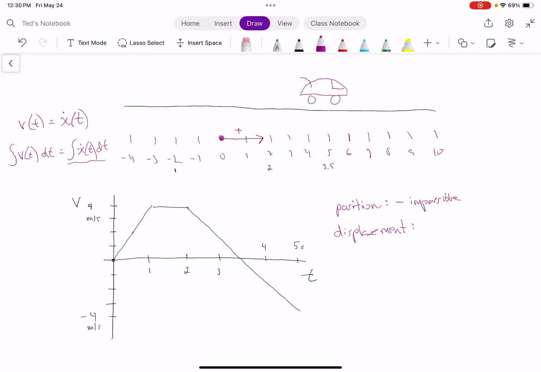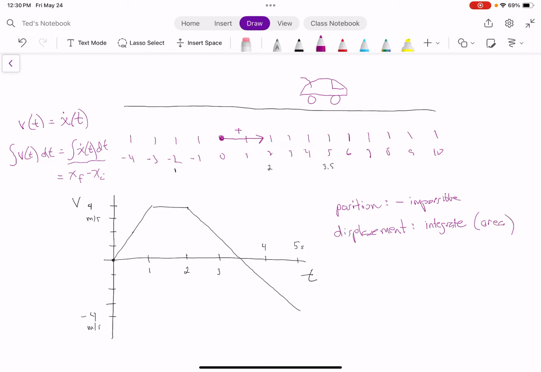This is called the fundamental theorem of calculus. The fundamental theorem of calculus says that this integral is equal to x final minus x initial. That is the displacement. So displacement is the integral of velocity. In order to find displacement, we have to integrate, which means find the area.